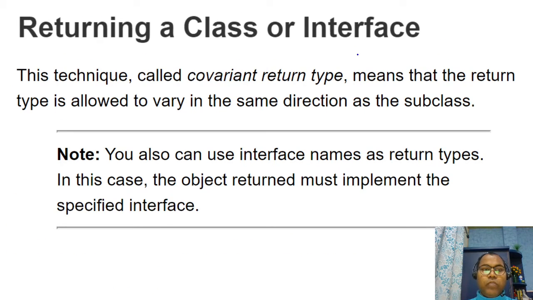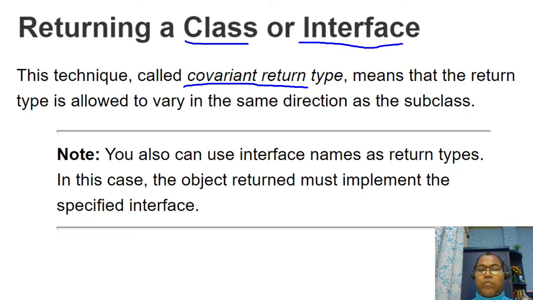Sometimes the return type of a method can be a class name or an interface. In this scenario, the method's return type is known as a covariant return type.